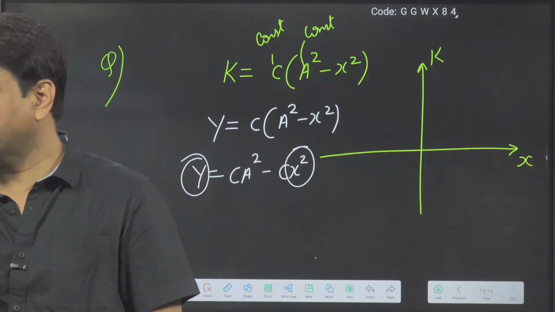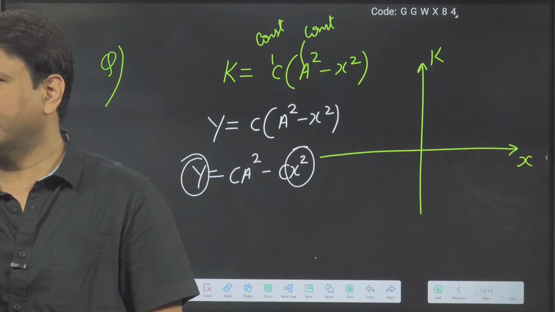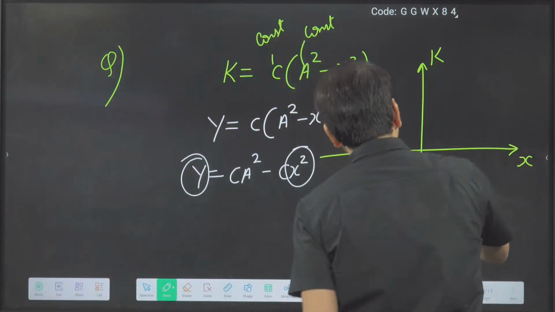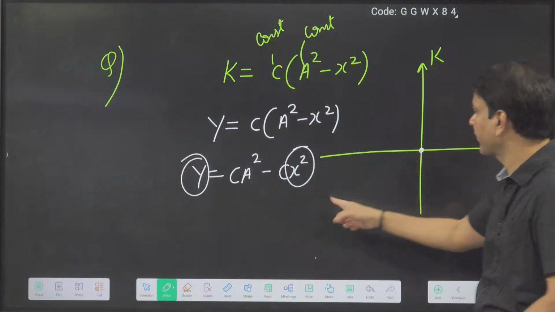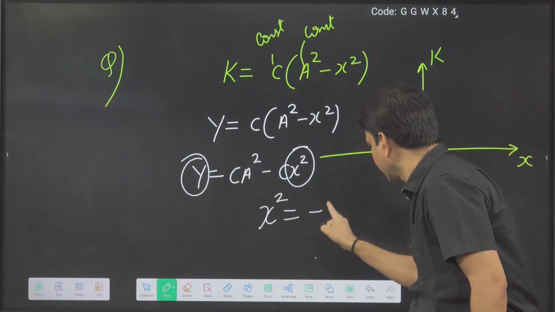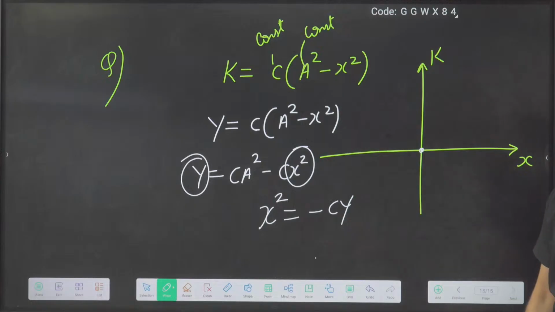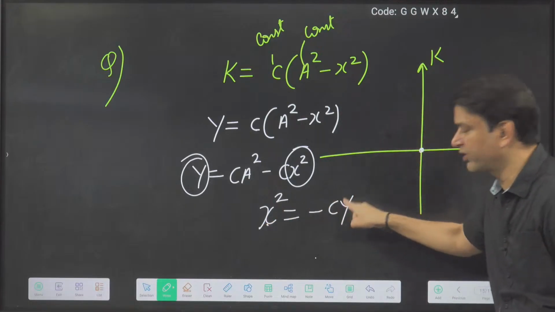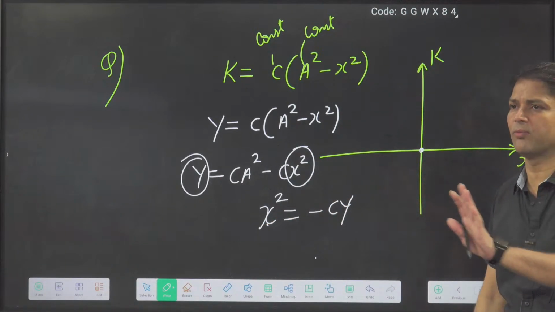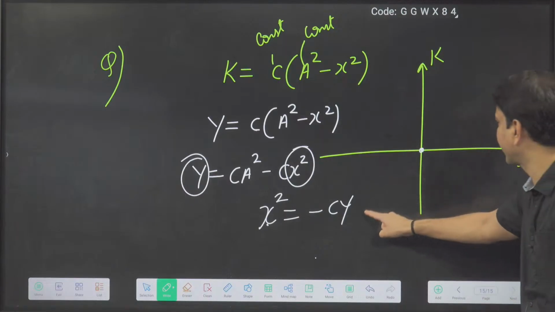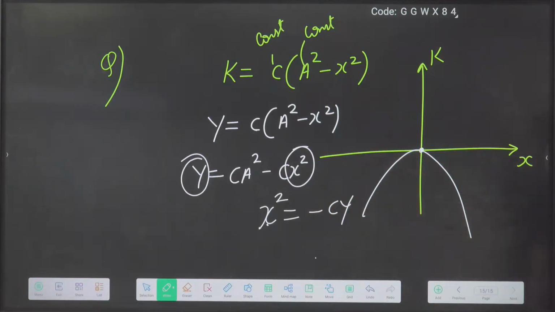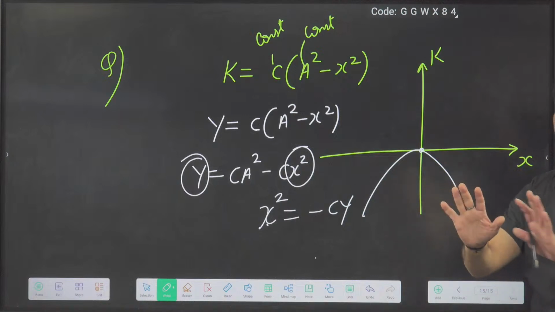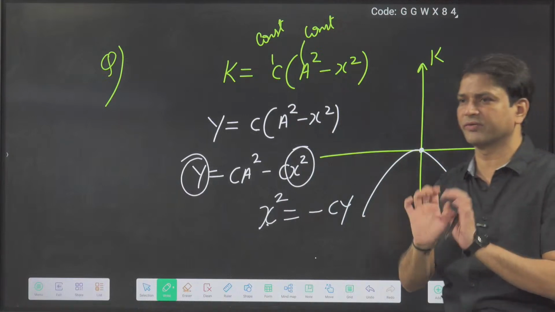It means if the x value is 0, y is not 0. If I am writing x square is equal to minus cy, then putting x 0, I will get y 0. It means graph will start from origin. Then I will directly make the graph like this, because if I put x 0, then y is equal to 0 means graph will pass through the origin.